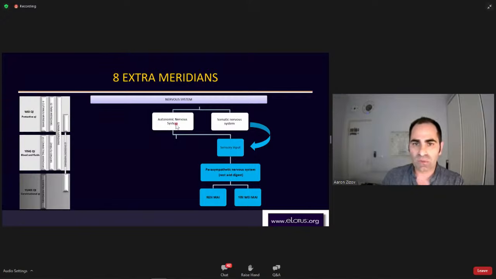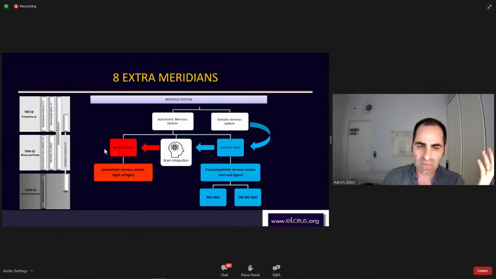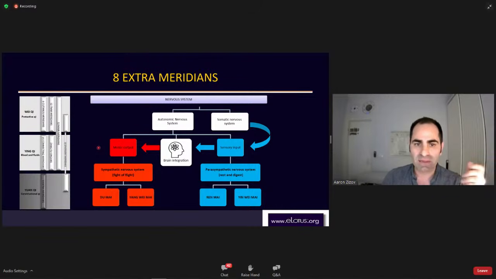From the sensory input, the brain gets the integration of what the senses feel, or what the information is, and then the motor output will affect the sympathetic nervous system, fight or flight, and then Dumai meridian and Yang Wei meridian. Okay, so we talked about this part.